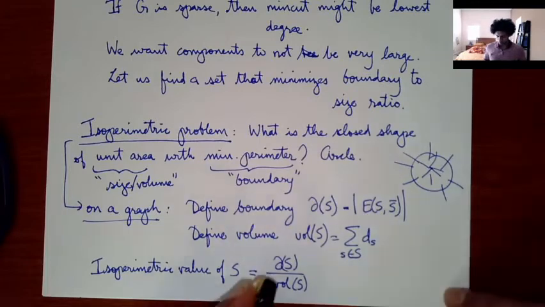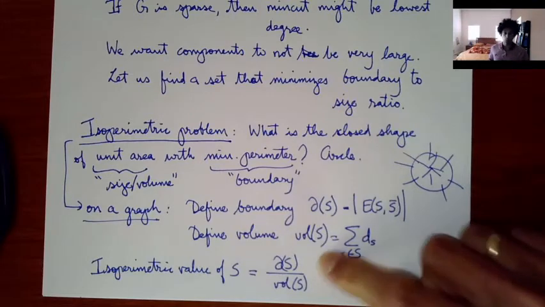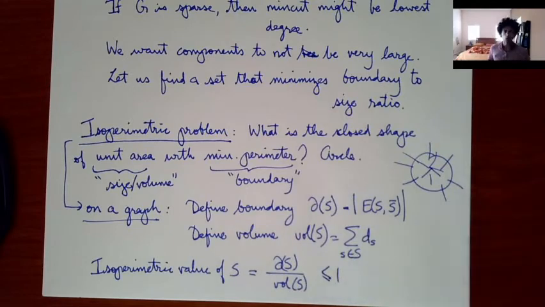Think of a set that minimizes the numerator and maximizes the denominator. Note that it's not a singleton, the isoperimetric value is 1. Note that the isoperimetric value is always at most 1.